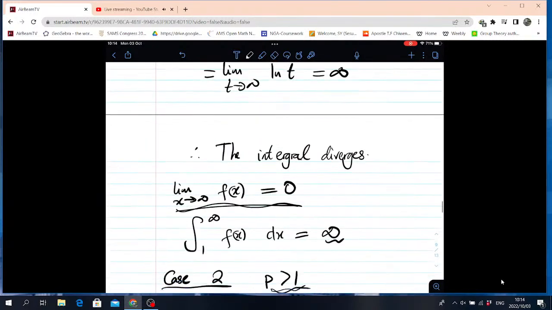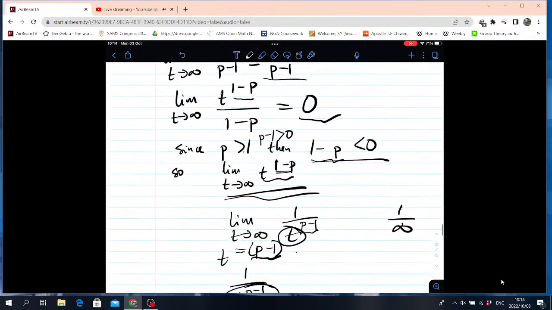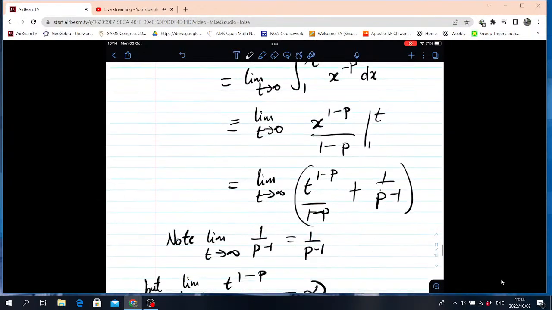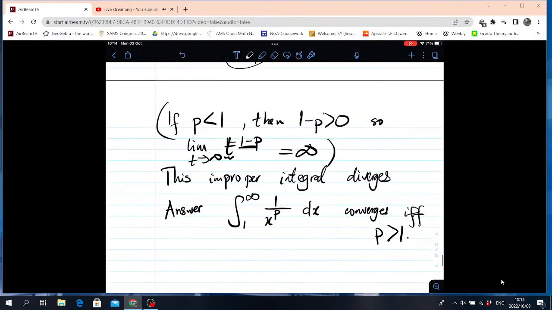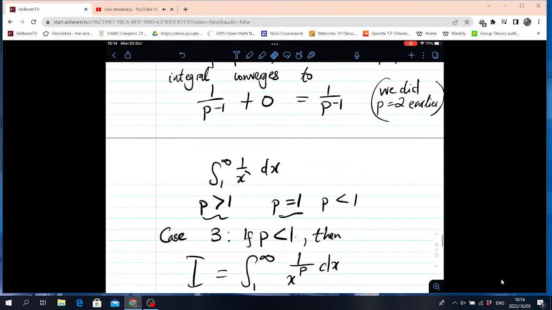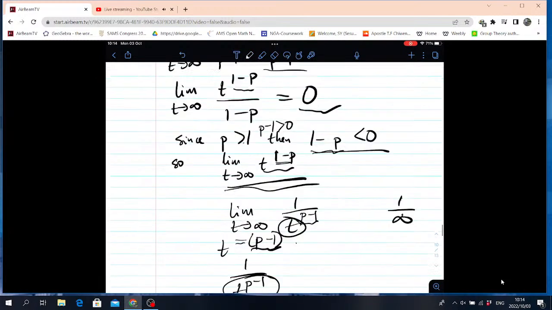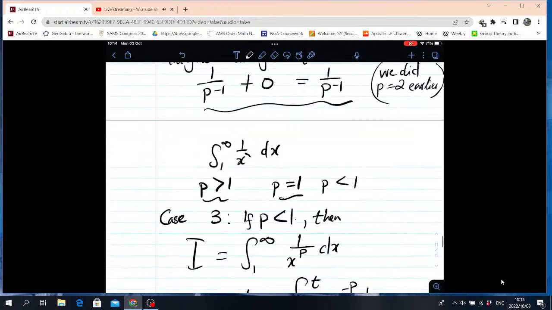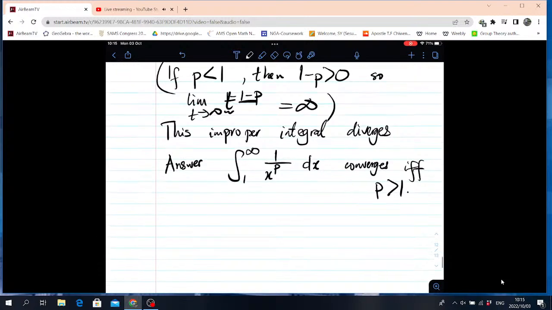When p is equal to 1, the limit is infinity. When p is greater than 1, our limit is 1 over p minus 1. And in the last case, it's going to infinity. So the only case where it converges is when p is greater than 1.